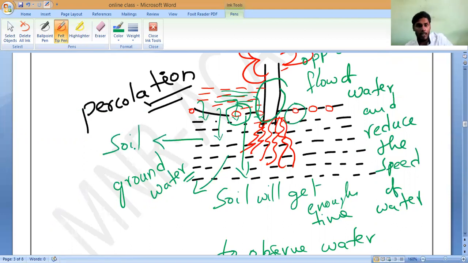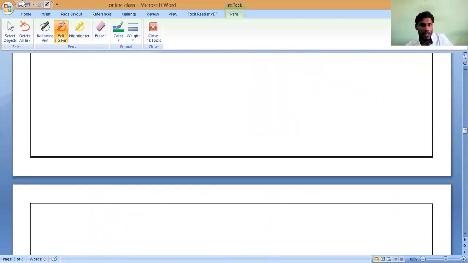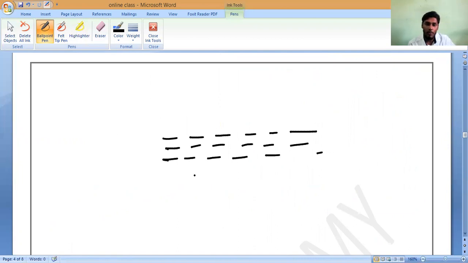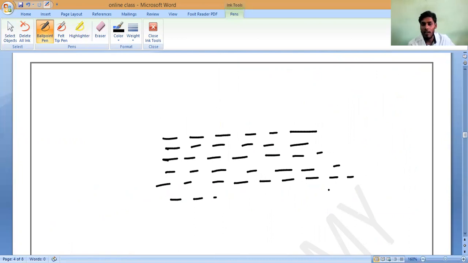If there is no plant, what will happen? Let me take this as the land, and imagine the soil is present. Even here it contains pores, but water is coming very fast. The speed of the water is so high that the land cannot get sufficient time to absorb the water.